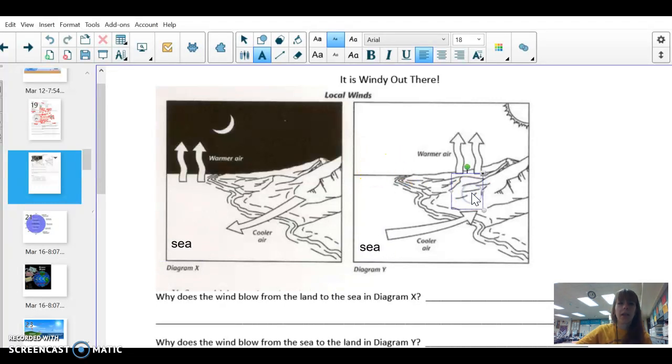This is the land, and this is the land here. Okay? This arrow is the wind. This arrow here is also the wind. And it is important to notice that this is during the day, and this is during the night. So if you stand by the ocean or a large body of water, you'll notice that it's a little bit windy. This is an example of a local wind.